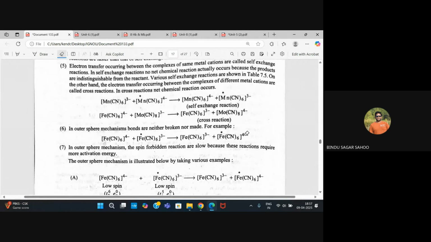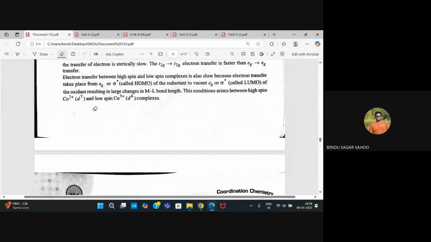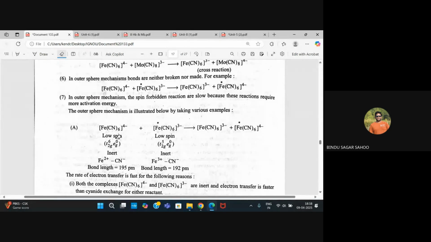Now for the previous one, point 2, [Fe(CN)6]4- and [Fe(CN)6]3-, we'll discuss how the electron transfer occurs. With the strong ligand cyanide, the complex is low spin, and this one is also low spin. The electronic configuration is t2g6 eg0.